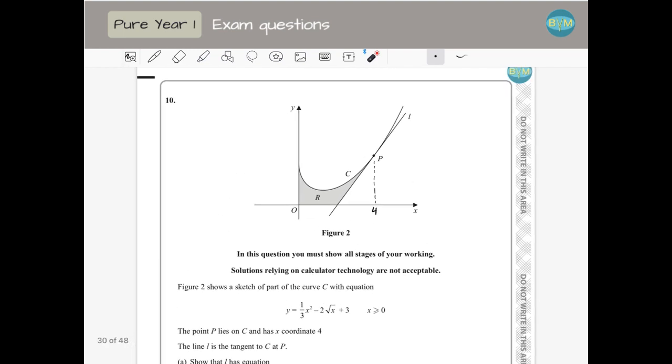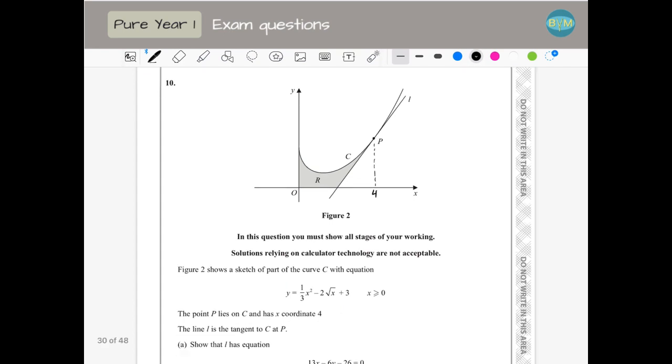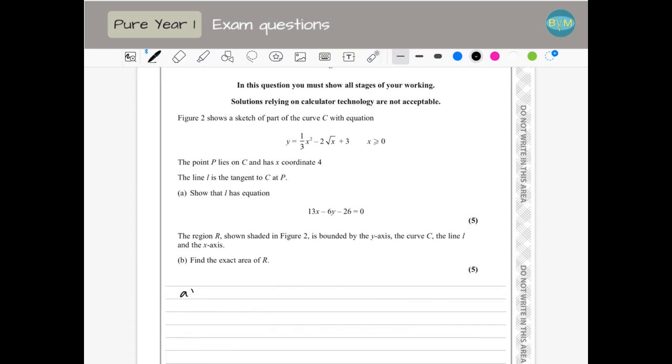So the gradient of this line is going to be given by the derivative of this function when x is 4, at this point. So we need to derive this function to find the gradient function. For A, I'm going to derive this function here.